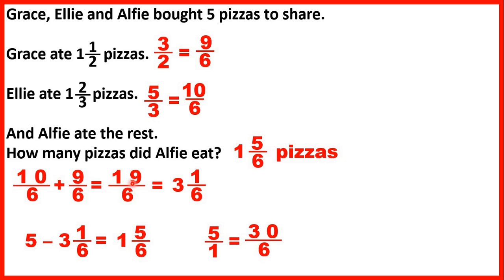So as an improper fraction, we know that Grace and Ellie together ate 19/6. So if we work out 30/6 minus 19/6, that gives us 11/6, and 11 divided by 6 is 1 remainder 5, so that's 1 5/6 as a mixed number.